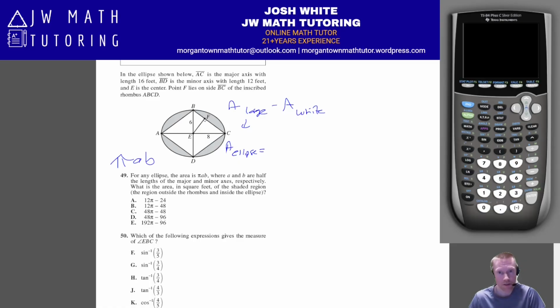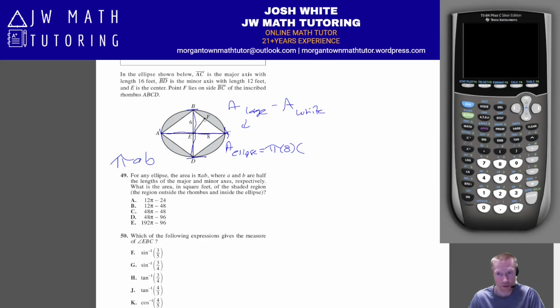So the major axis is just the total distance in the longest direction. So basically the major axis is like this whole line segment right here from A to C. So 8 is just going to be half of that. So we could plug in that for A, and then the minor axis is the whole line segment here from B to D. But again, for B, we just want half of that.